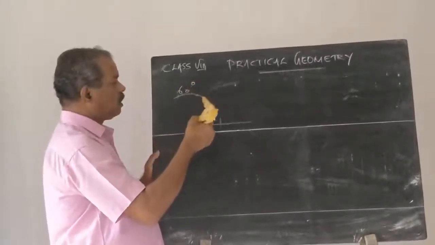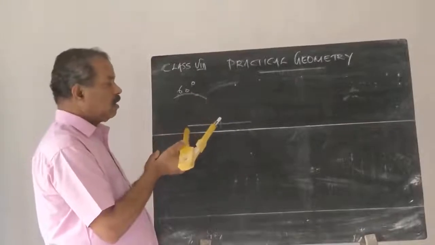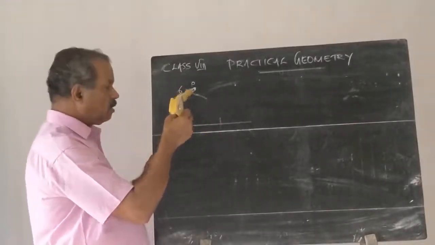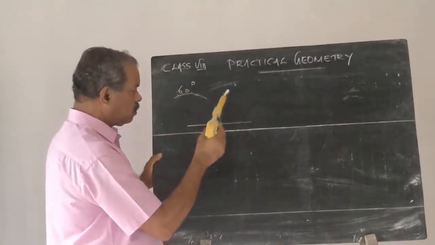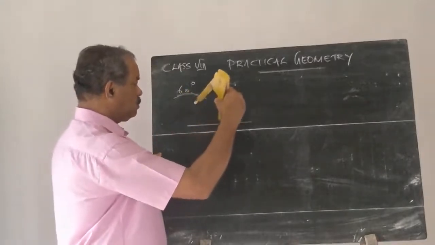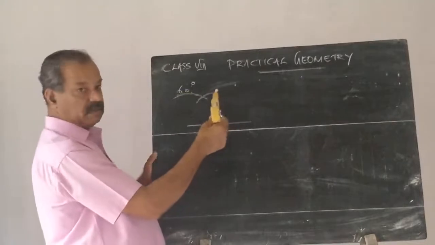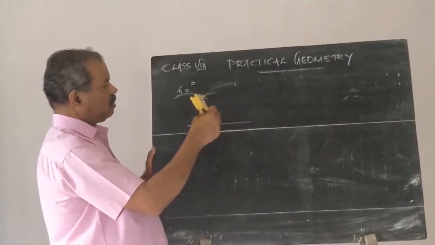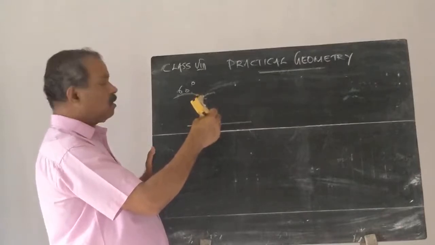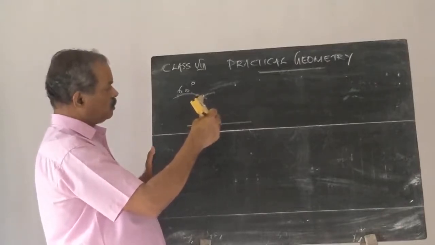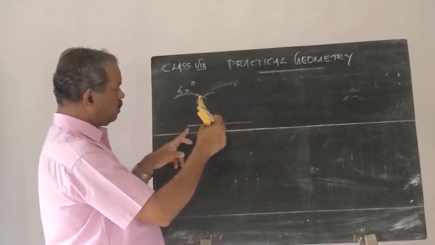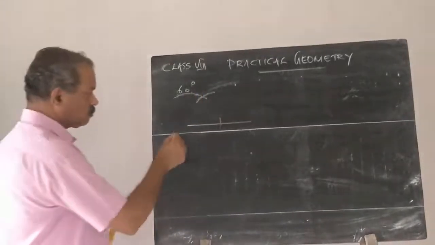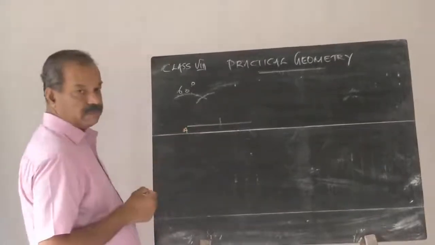These two distances are equal. From this point, draw another arc in this manner. The third arc cuts the second arc at this point. Now, what do we get? What is the angle made at this point? At this point, it is BA.